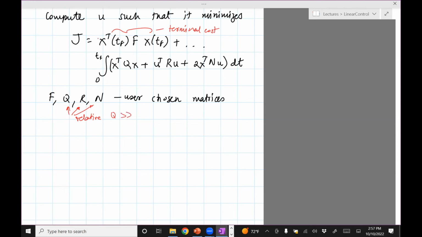If you make Q much bigger than R, then you will end up having more control. So it will have a very aggressive control.